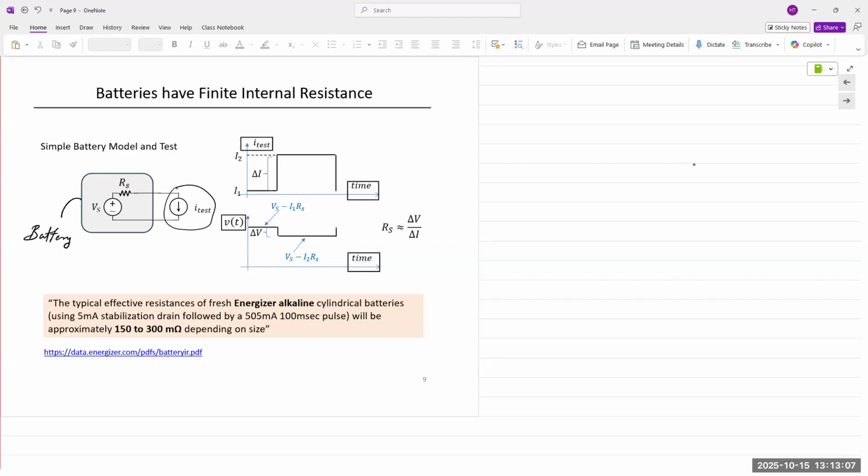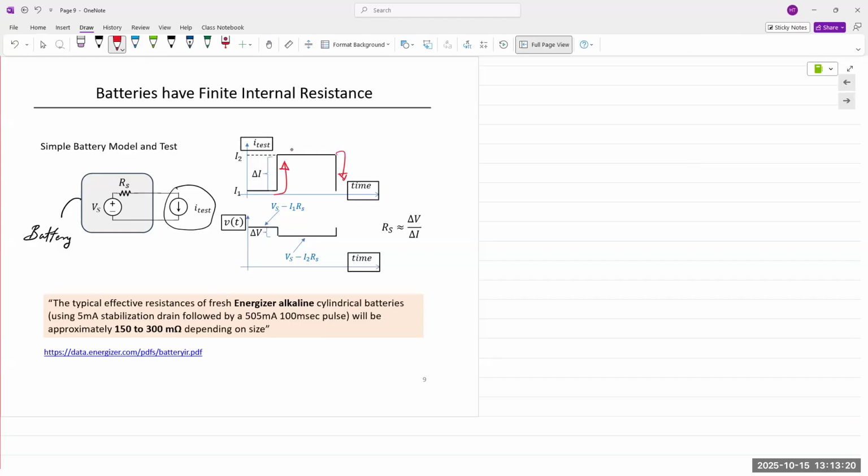Okay. So we are applying what is known as a step input. You can see it steps up, steps down. The step input has two levels.